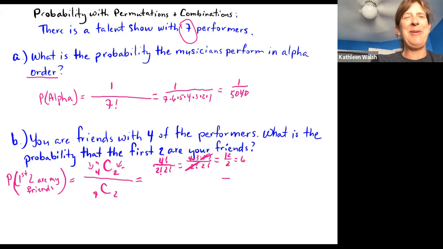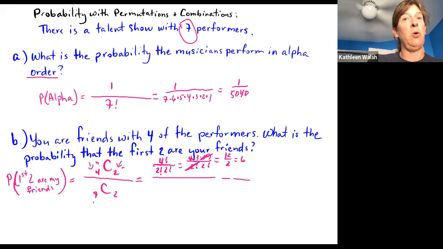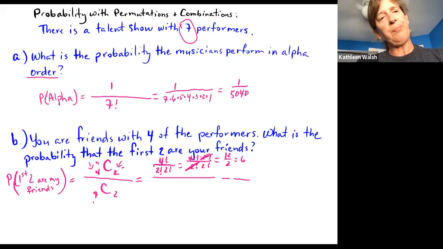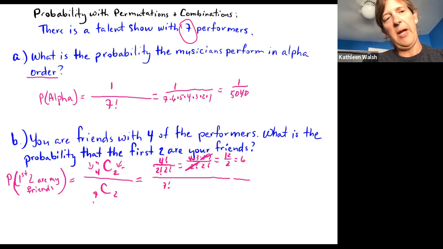Now I have to do my denominator. This is the total possible combinations for the 7 performers where 2 people are selected. Now the distinct objects are the 7 performers, and the 2 is chosen from the 7. So we're not talking about the friends anymore, we're just talking about the whole group of 7. I'm going to use my formula for C 7 2, and that's 7 factorial divided by, well, 7 is my n, 2 is my r, 7 minus 2 is 5 factorial, times my r, 2 factorial.